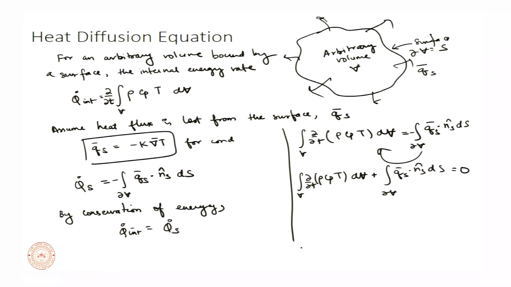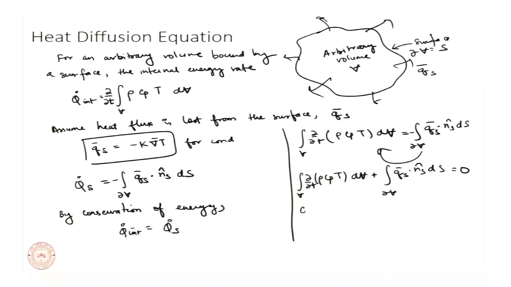Now, we have one term which is a volume integral and one term which is a surface integral, and that makes it very difficult or confusing, right. We cannot combine those terms. One is a surface phenomenon, one is a volume phenomenon. Then how do we combine that? Well, if you remember in lecture 2, we talked about a theorem which was called the Gauss divergence theorem. So, the Gauss divergence theorem can convert a surface integral to a volume integral.